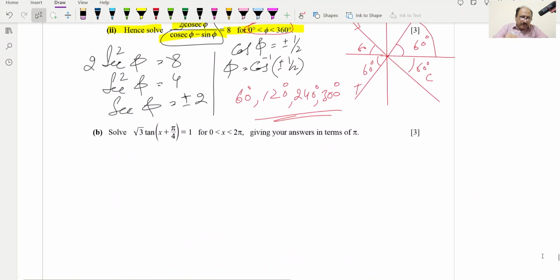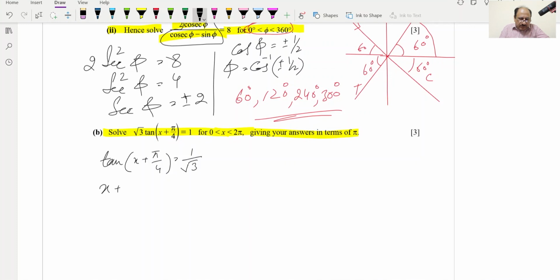Now part B says solve this equation for 0 to 2 pi, giving your answer in terms of pi. So we require the answer in terms of pi. tan of x plus pi by 4 is equal to 1. We can shift under root 3 to the other side, so it will be 1 over root 3.